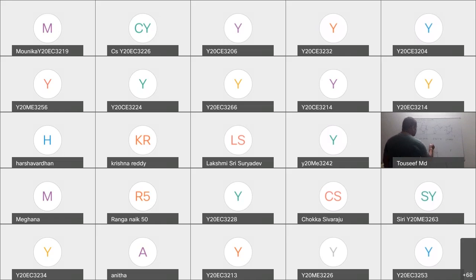So this is E dash visible, D dash visible, A dash invisible in bracket. This B is also invisible, so in bracket, C dash is visible like this. Okay, students, is it clear? Is it clear now?